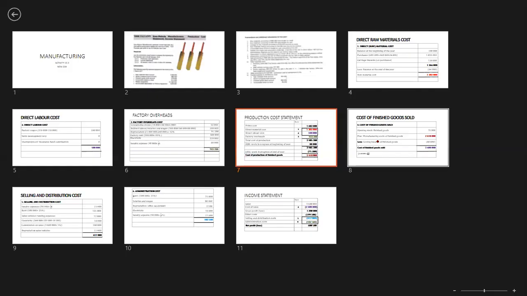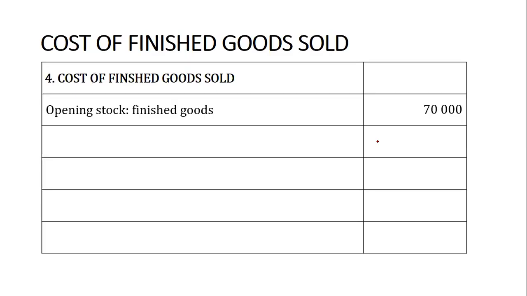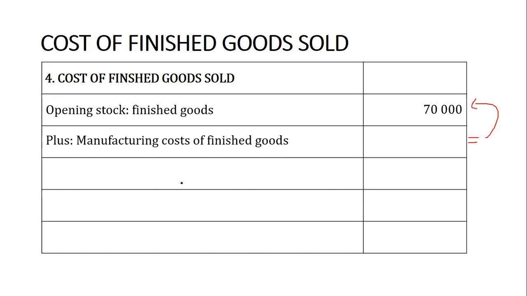In your cost of sales node, you have balance at the beginning of the year. We don't have production because this value must come from the production cost statement, which is the previous slide. They didn't give it to us, but they gave us the finished goods balance at the end of the year, which is 80,000.